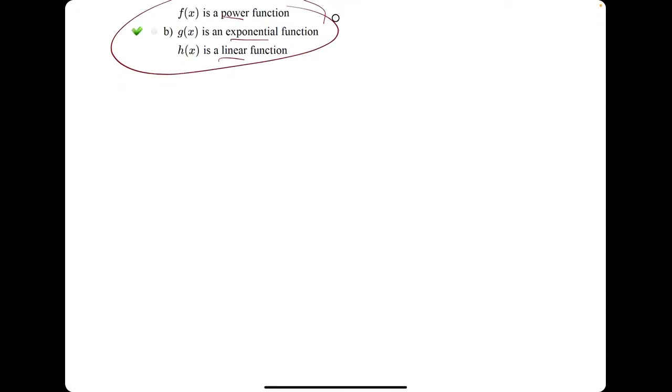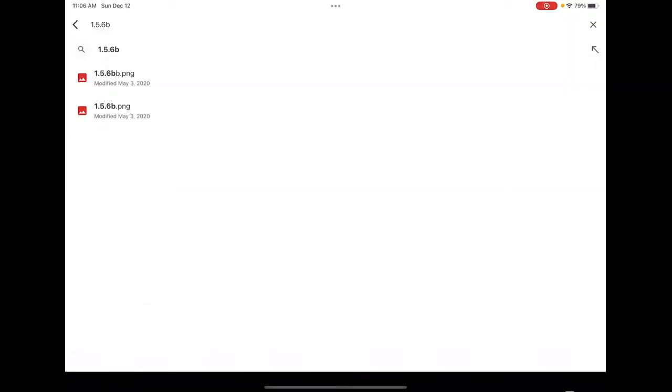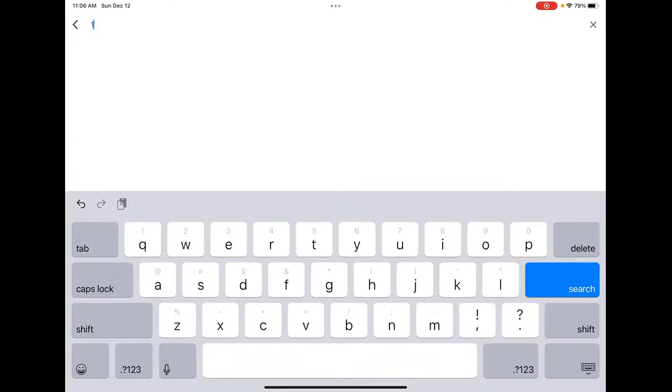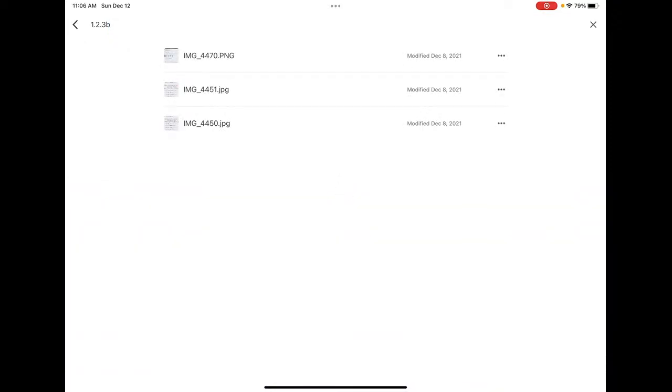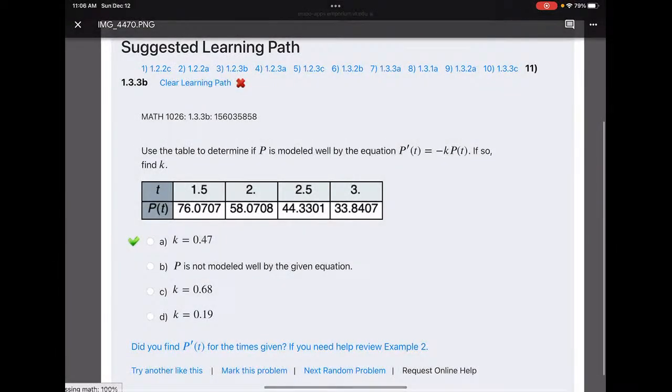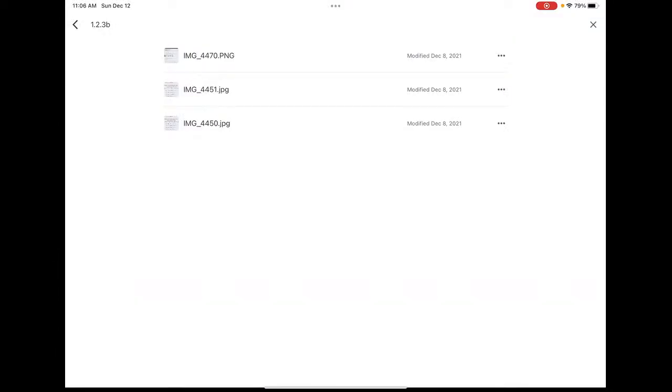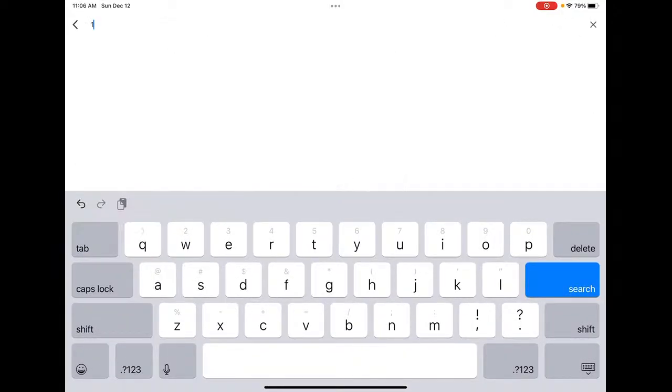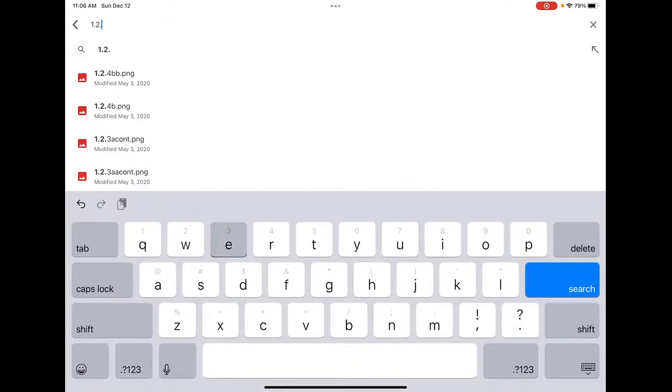Let's keep rolling. What are we doing? 1, 2, 3, B. I do not have any 1, 2, 3 B's. Hopefully they do not exist. That's not quite it, that's another class, I think. Let's see, do I have any other 1, 2, 3's that could be related?